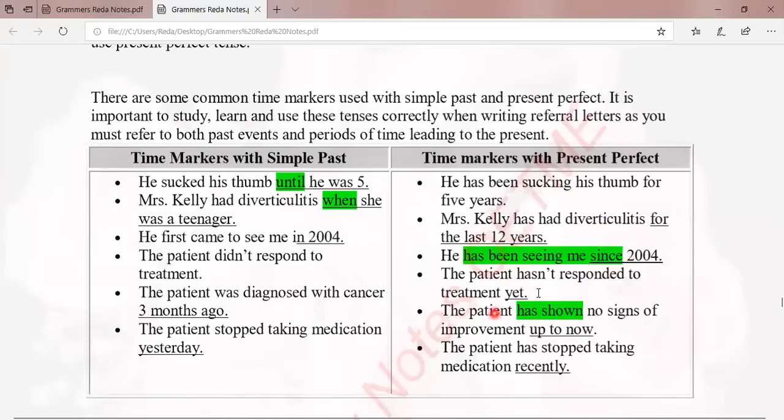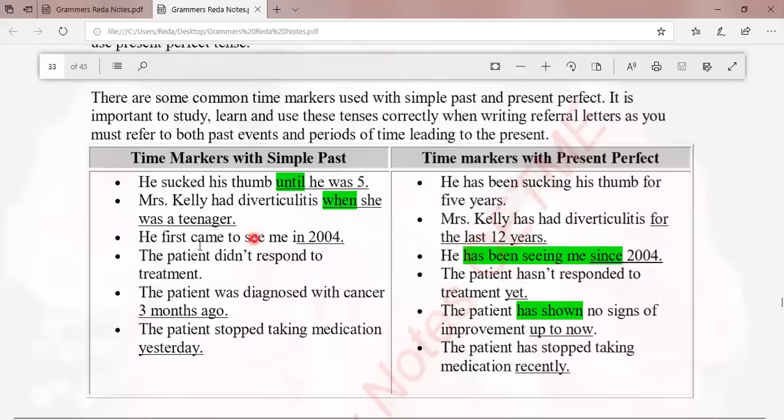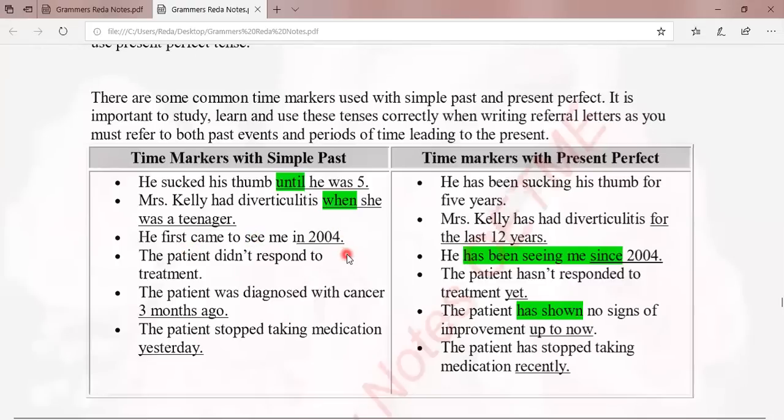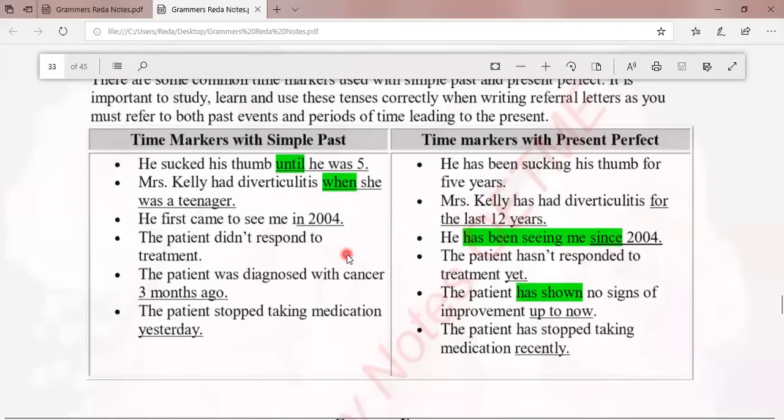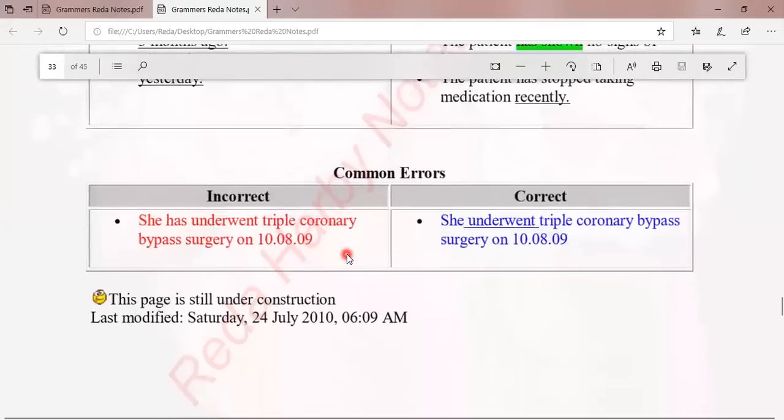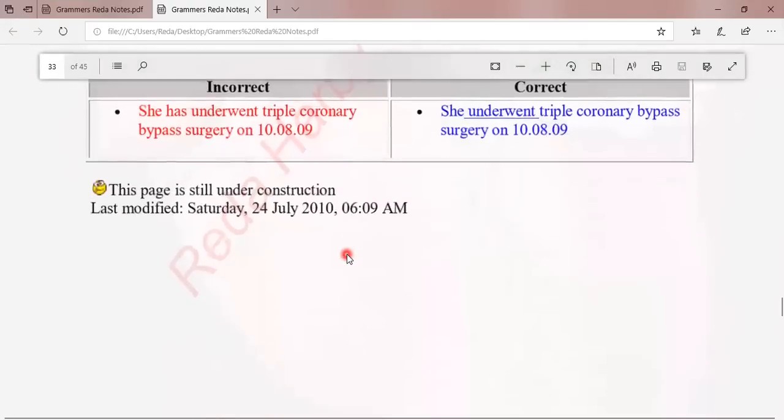Since, yet, but here 3 months ago, yesterday, in, year, she first came to see me in 2004. Okay. So according to the time marker, the key words.